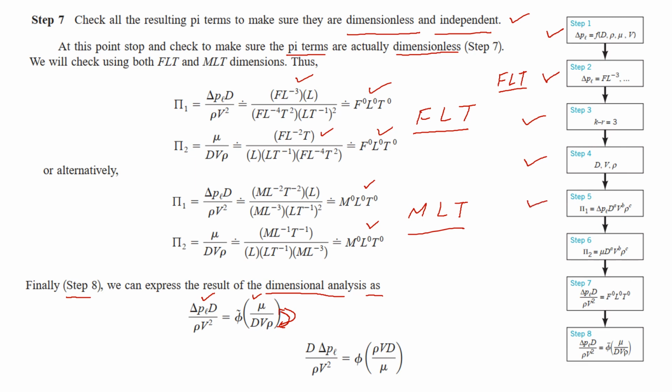Then we multiplied the non-repeating variables by the repeating variables and formed our pi 1. Then we repeated the same procedure for pi 2, and at the end we just cross-checked that our pi 1 and pi 2 terms are actually dimensionless, and then we equated them like this.